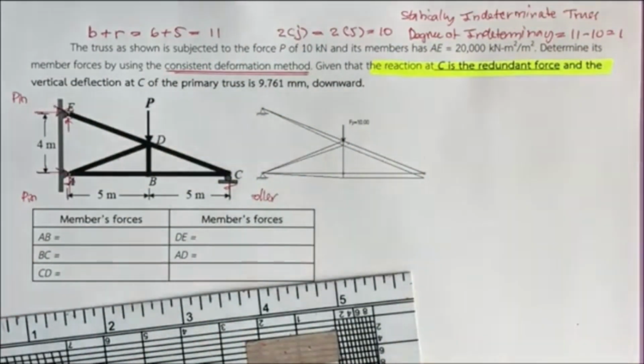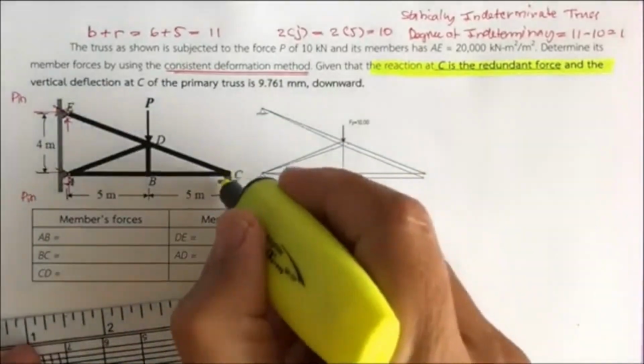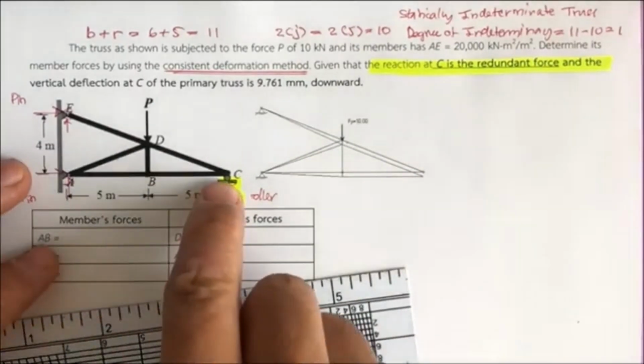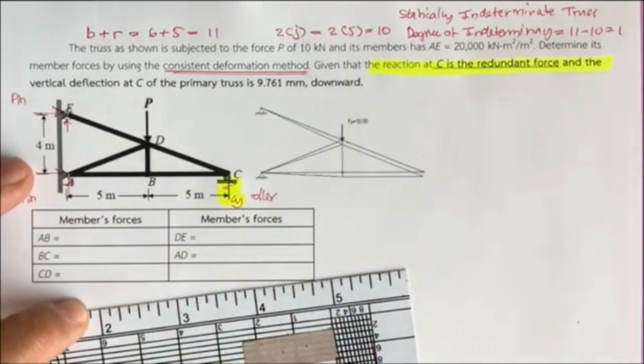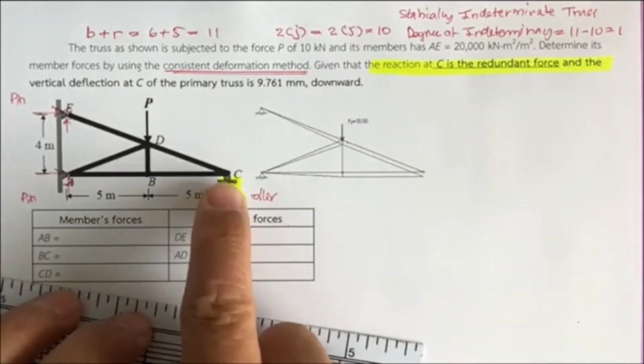So our C sub y is going to be the redundant. And now when you put C sub y as the redundant, you take the roller out, and then you put the reaction at point C, which is the redundant, acting at point C.